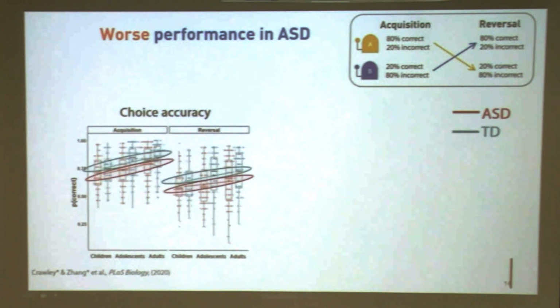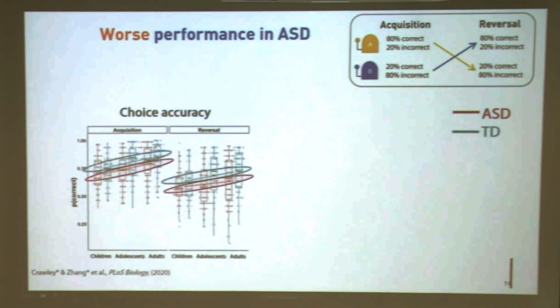And we saw that across the two phases, this is the beginning, the acquisition phase, this is the reversal, the second phase, and on the x-axis, those are the age groups. We have in red the autism, and in blue, in green, the typical developing individuals. Across all of these subgroups, the typical developing individuals are consistently performing better than the ASD individuals.